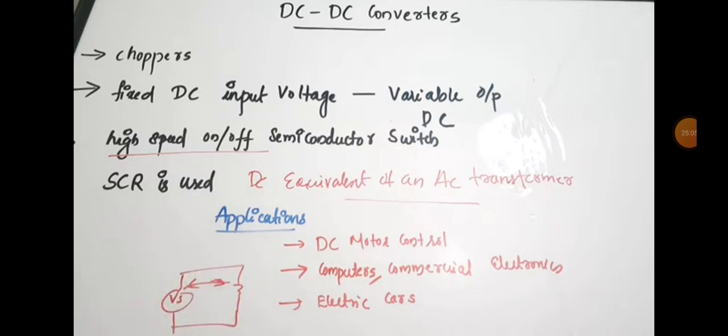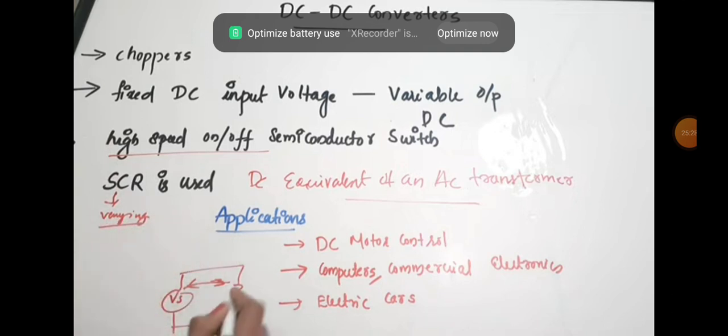Also, by varying the on and off time of the SCR, we can vary the voltage coming across the load. So by varying the on time and off time of this SCR switch, you can vary the voltage at the load side.